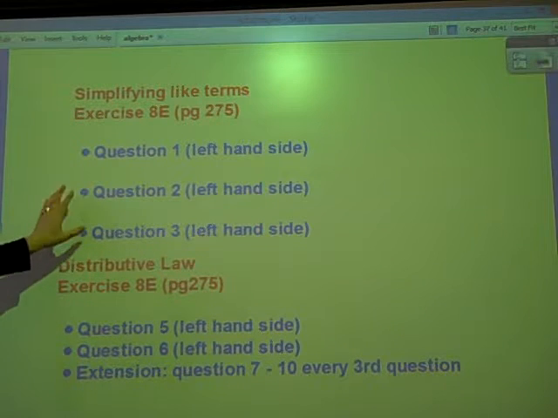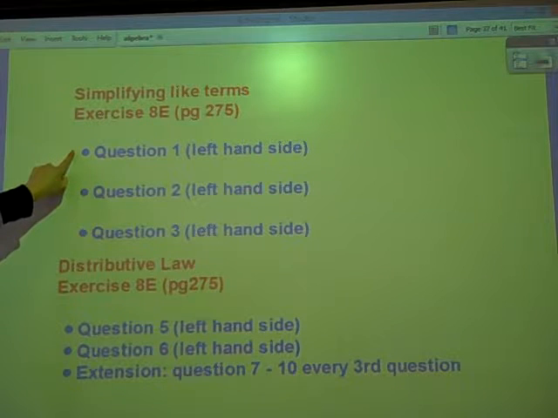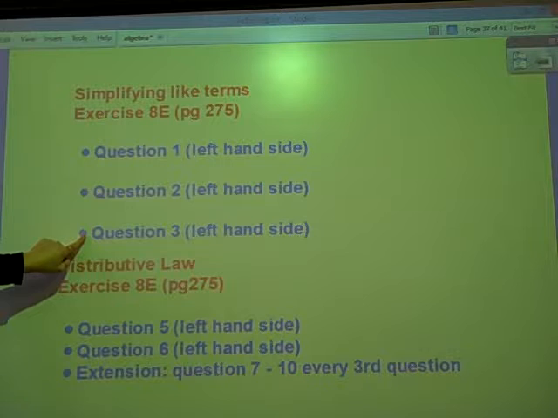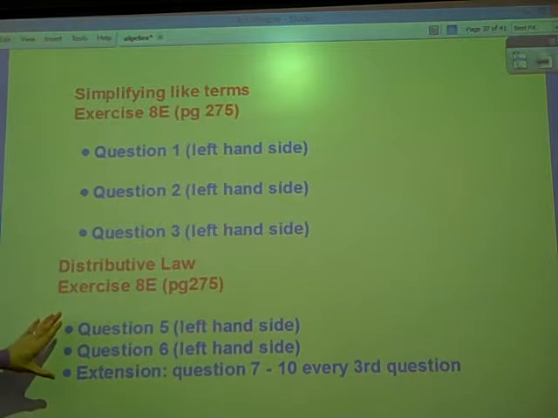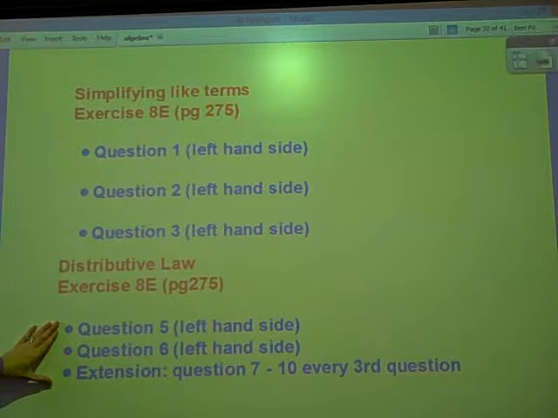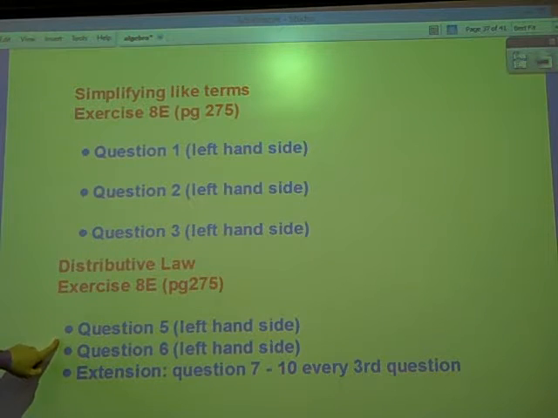If you weren't here on Friday, then you have to do from here. If you were here on Friday, check how far through you got with the simplifying of the terms. If you've got all that done, then you just start the distributive law questions, which are question 5 in the same exercise. If you haven't done this, do that first and then move on to this. So basically that's the work that I want you to work through.